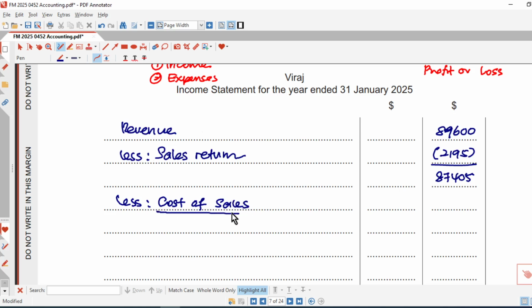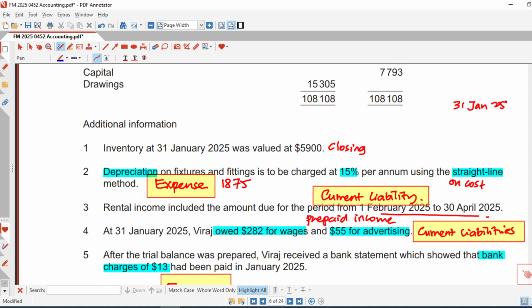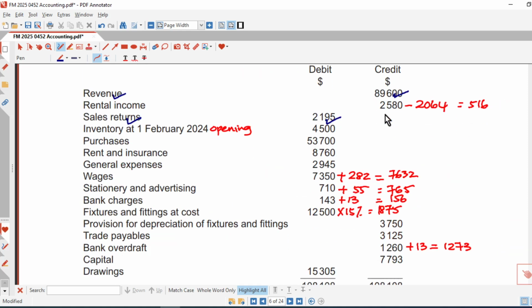So moving on from there, I'm going to work out the cost of sales. The formula to calculate cost of sales would be opening inventory plus purchases less closing inventory. But before I fill that up, let me just double check if I have any purchases return or if there's any carriage inwards.